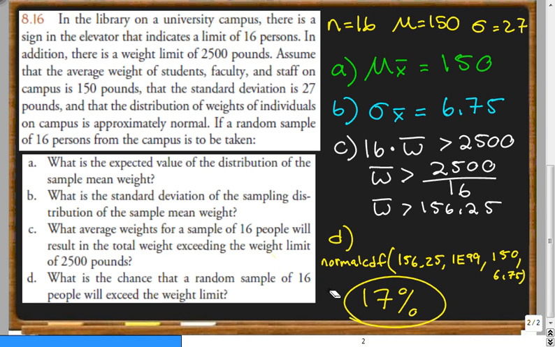The main thing about these problems is that it's very similar to our last section where we were just dealing with the normal distribution. The big key is that the standard deviation for our sampling distribution is going to be smaller, by a factor of the square root of our sample size.